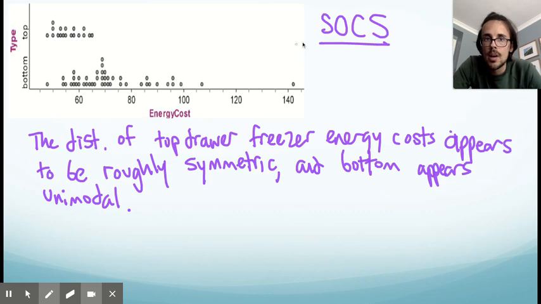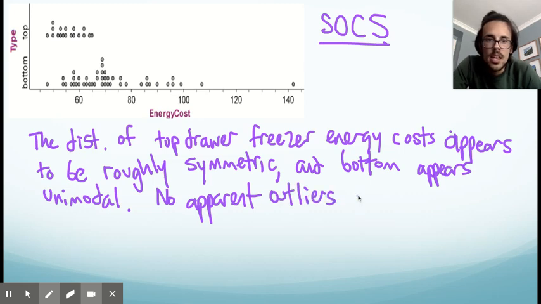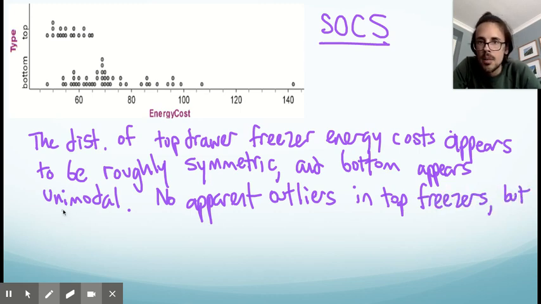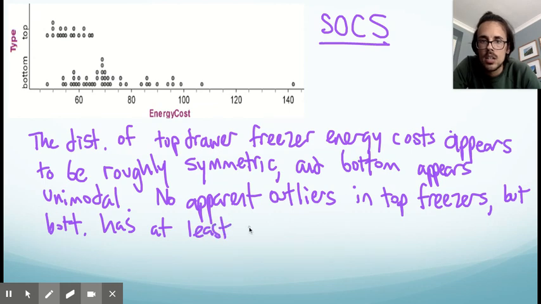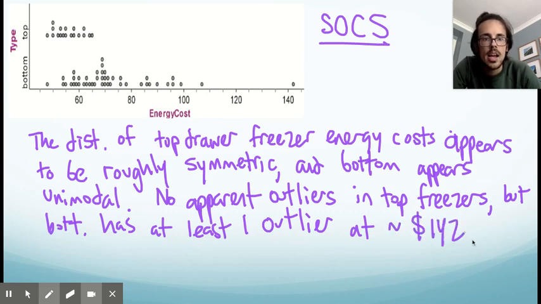Then I'm going to talk about outliers. It doesn't have to be in this order, but it's a good way to go about it. No apparent outliers in top freezers, but bottom has at least 1 outlier at maybe like $142.